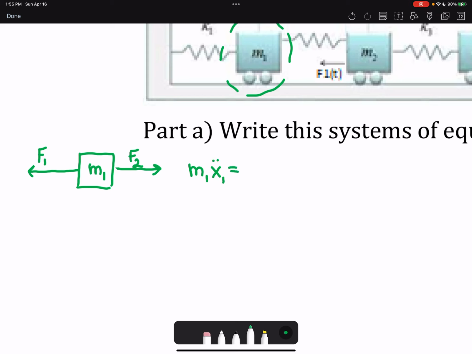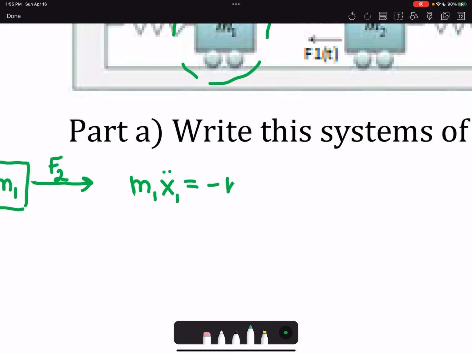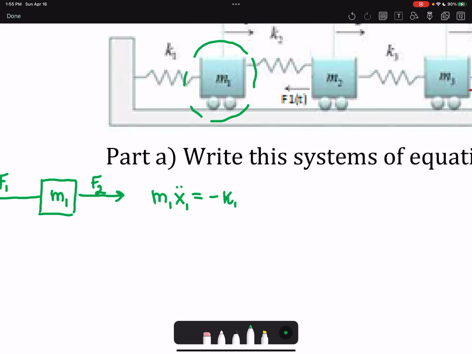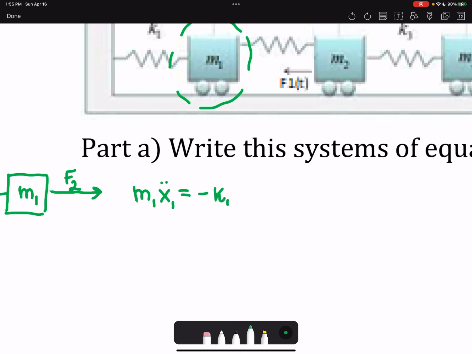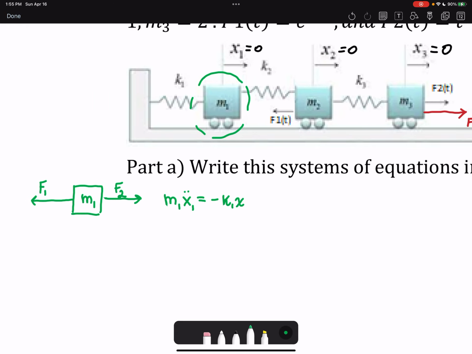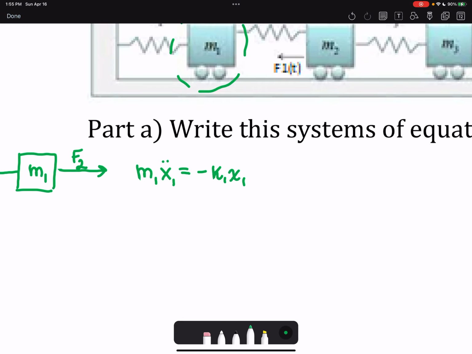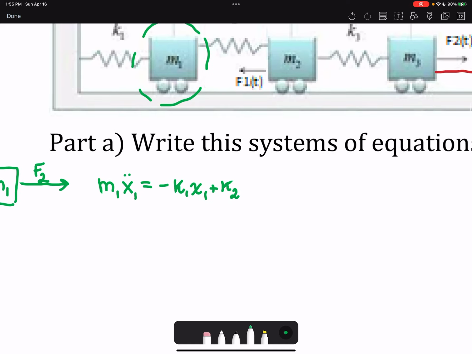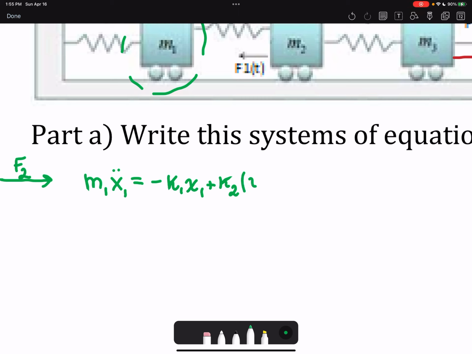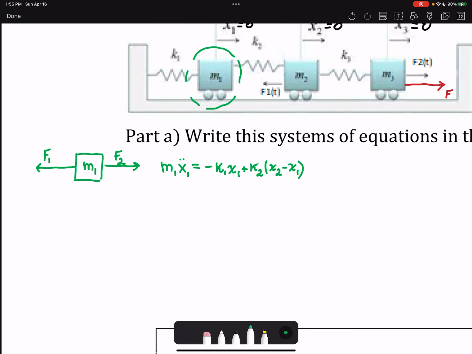So I'm applying the sum of the forces on the block, which is Newton's second law, is going to be minus F1, because F1 is pointing towards the left, so minus, and how can I write this? Well, with Hooke's law it is going to be K sub 1 times x sub 1. And then the F2 is going to be also proportional to K2 for the second spring, but it's going to be x sub 2 minus x sub 1 right here.